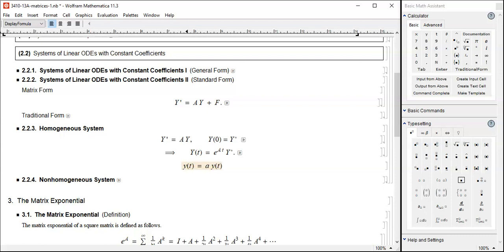If this had been the differential equation, the solution is e to the At power times something, and that something happens to be the initial condition.